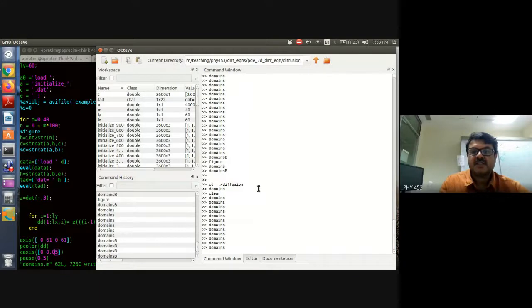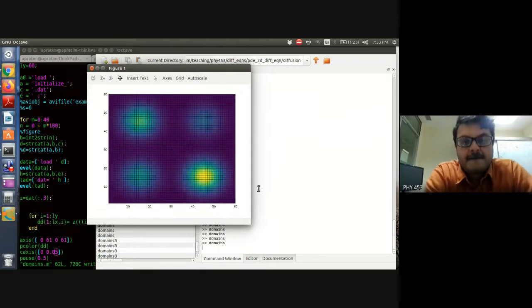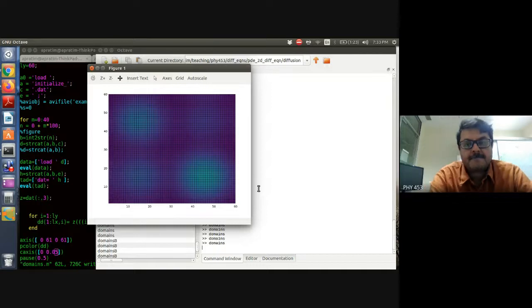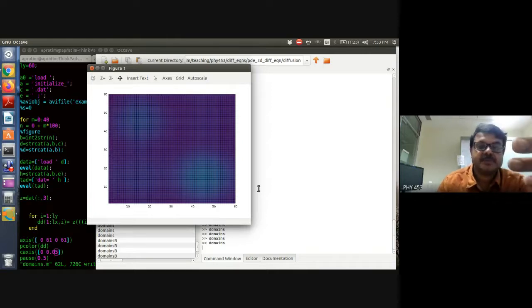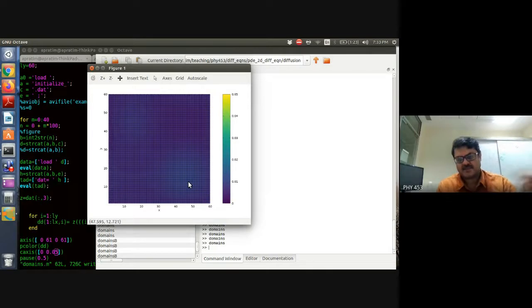So let's see what happens. So it's a deeper blue because the range is more. The data is the same. I didn't run it, right? It's basically here, 0.01, so some color like this here. There's a large droplet, so you can still see some very light blue. But the rest has diffused out and tried to become uniform.